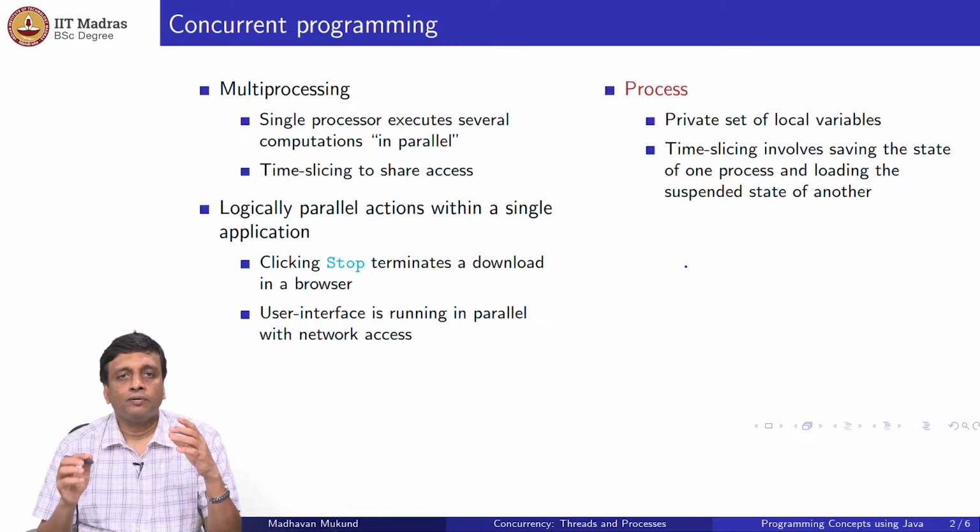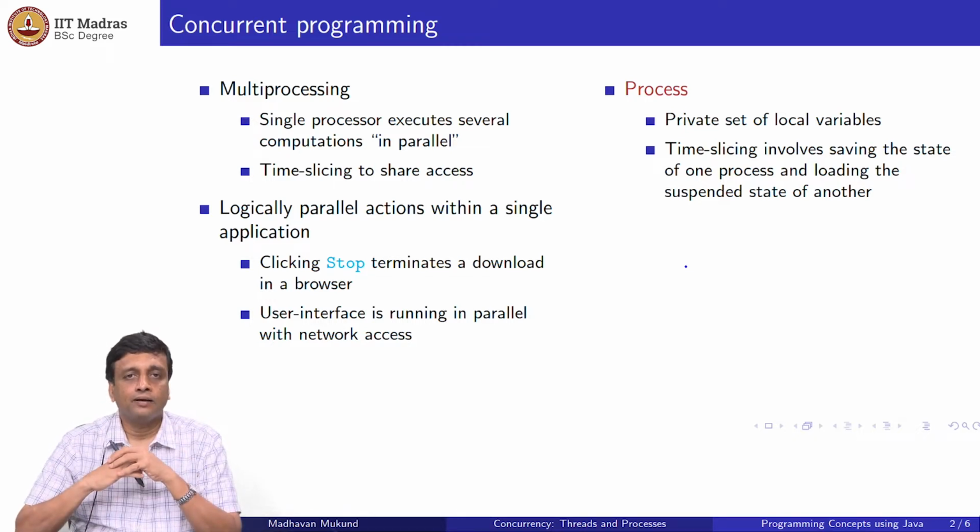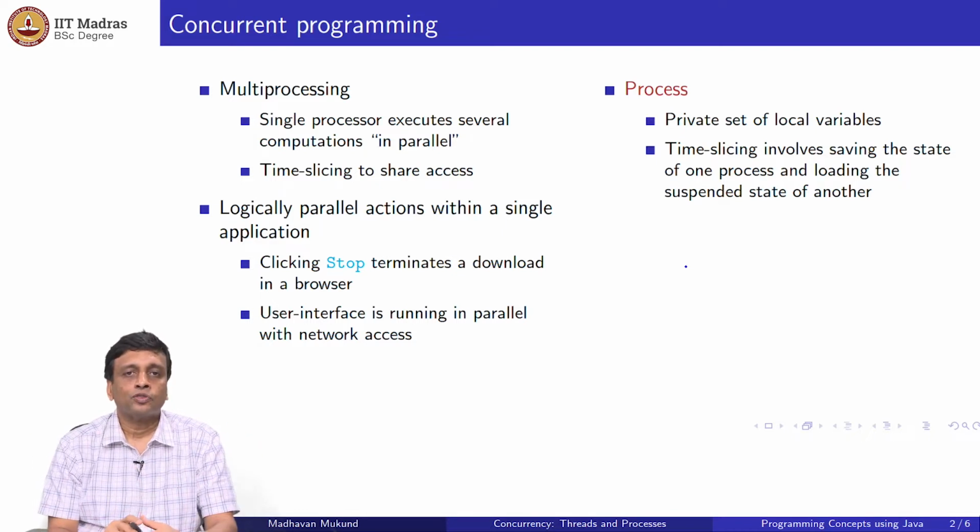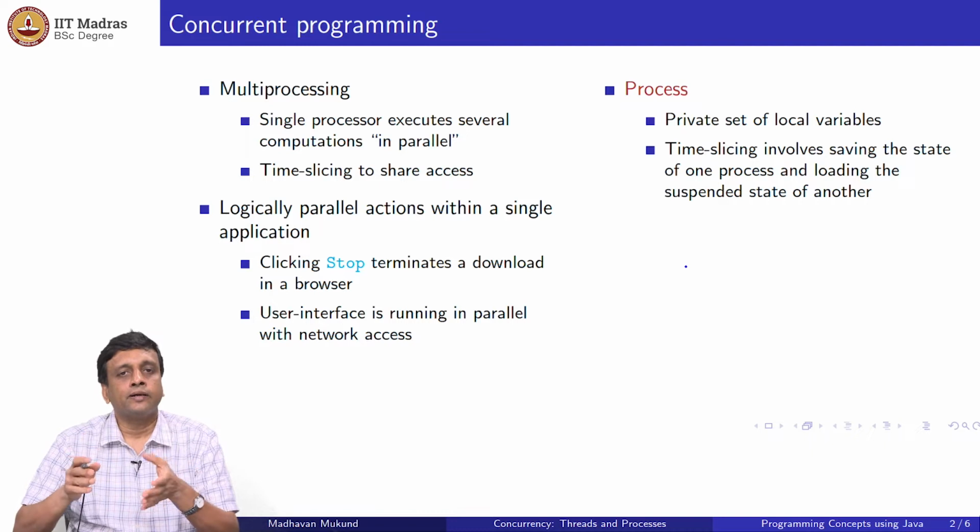At the level of multiple different things happening, like a browser and a text editor and something else, normally in an operating system we have an abstract concept called a process. A process is an independent computation, and it has its own local variables.